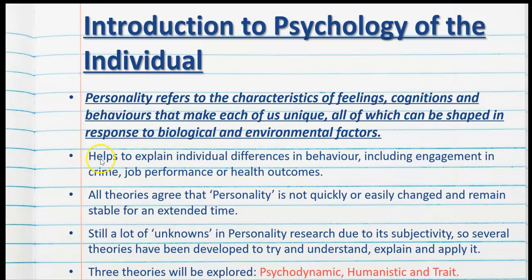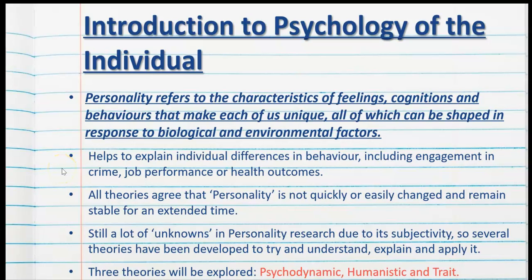This definition helps to explain individual differences in behavior, including engagement in crime, job performance, or health outcomes. So personality can really be an influence in these areas and many more, but particularly in crime.